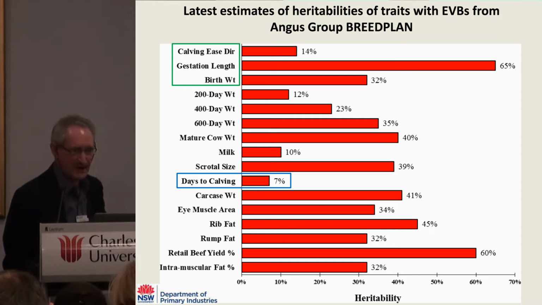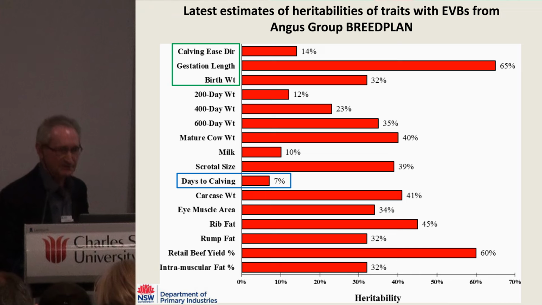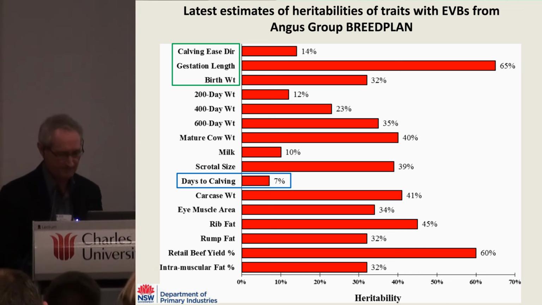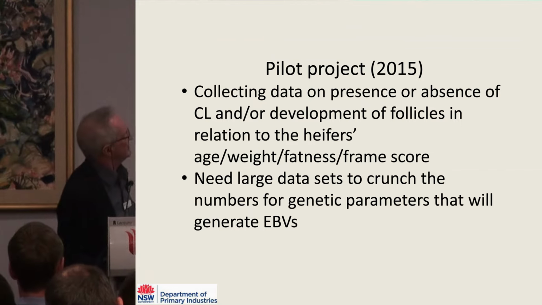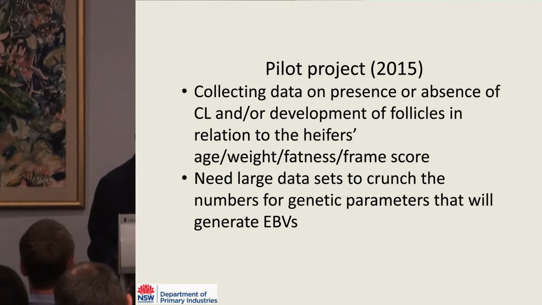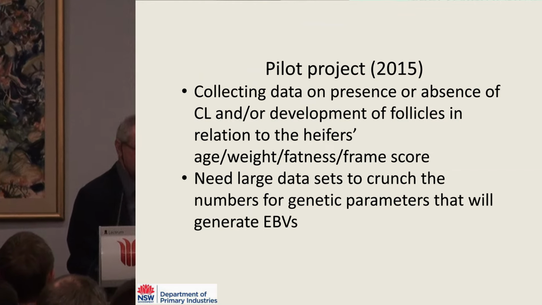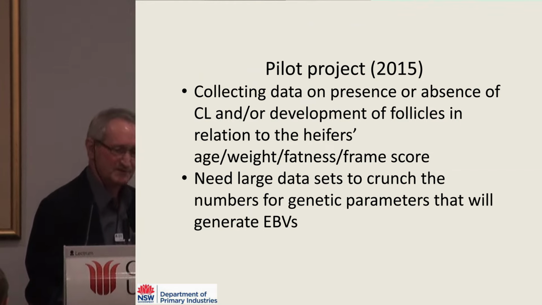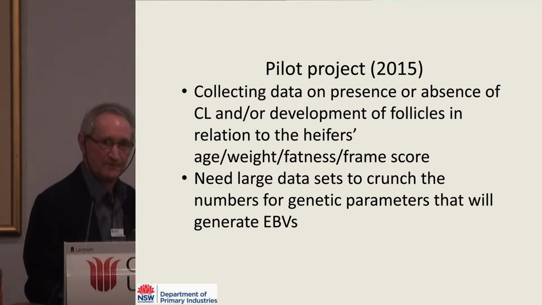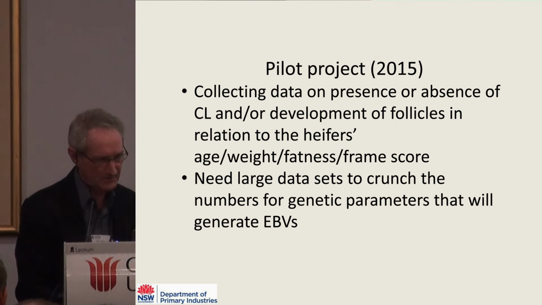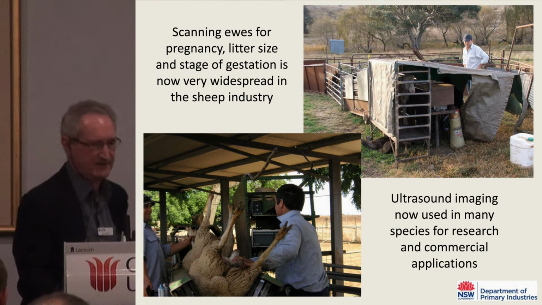The traits to do with calving and birth weight certainly do contribute, but mainly in terms of survival. So we started a pilot project last year, collecting data on the presence or absence of evidence of a heifer having cycled, and we relate that to the age, weight, fatness, and frame score of the animal as an indication of maturity type. As I said before, you need heaps of data to crunch for the geneticists.